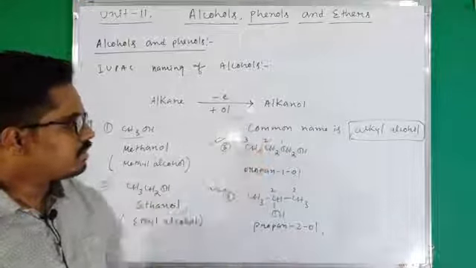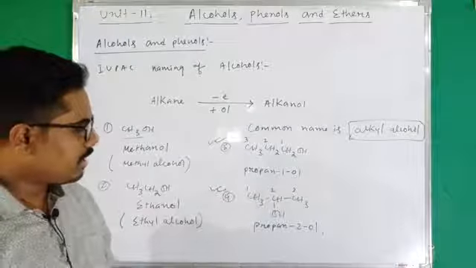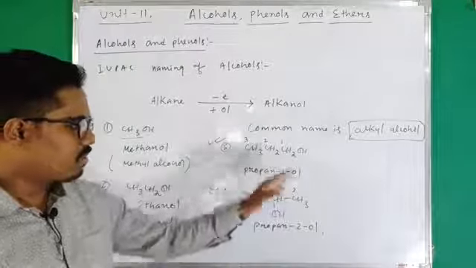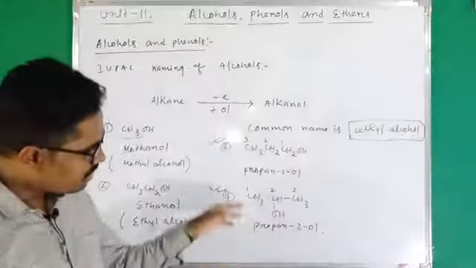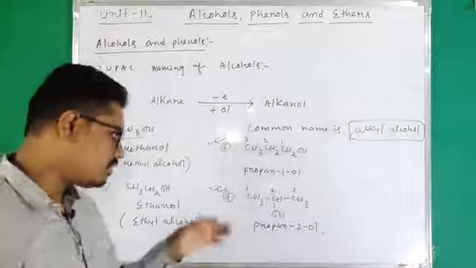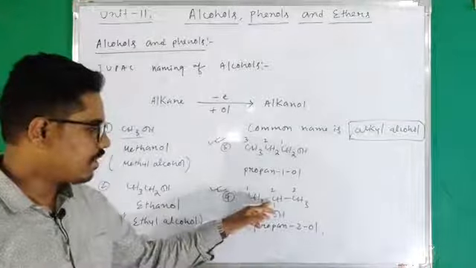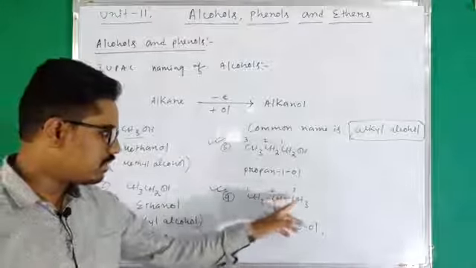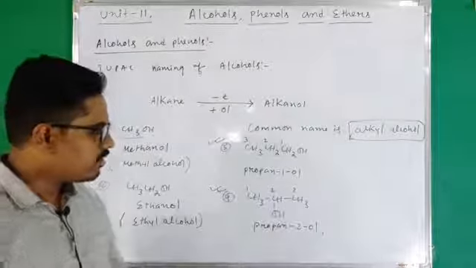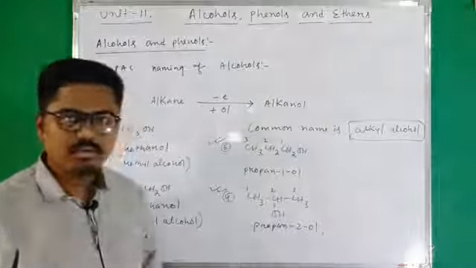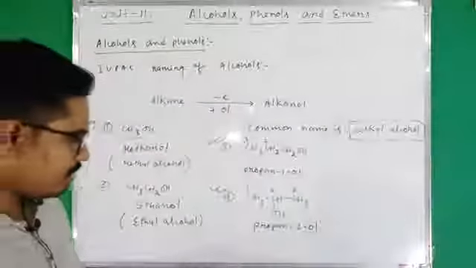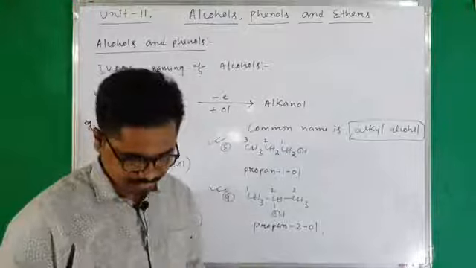The lowest possible number is 1, hence the name is propan-1-ol. And in the second case, if we count from both sides, the position of OH is 2, hence the name is propan-2-ol.